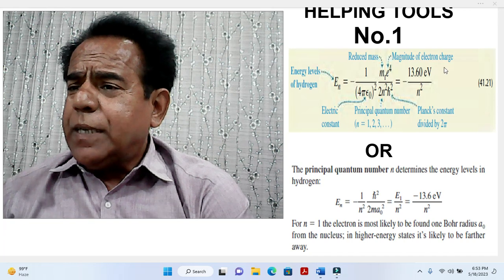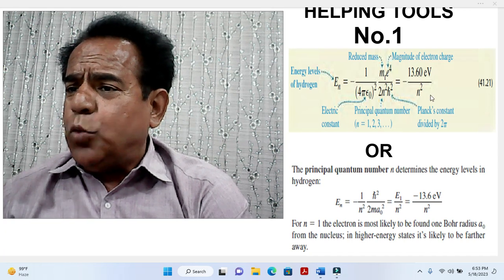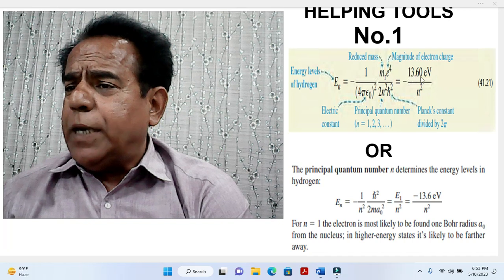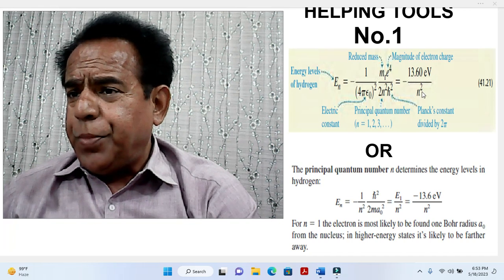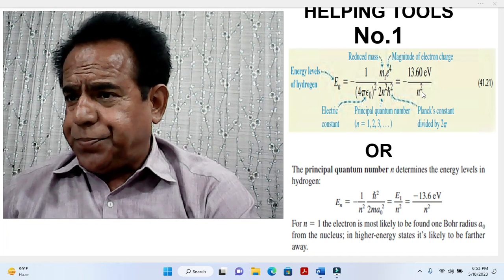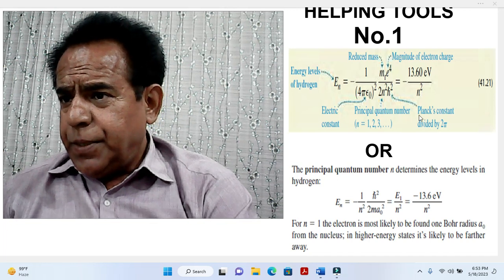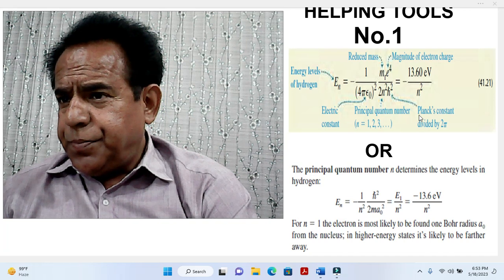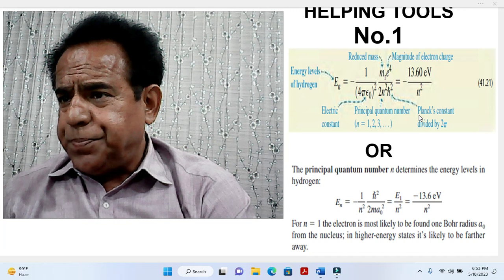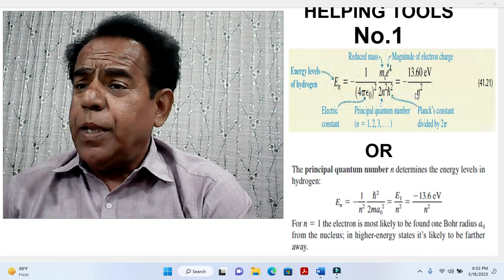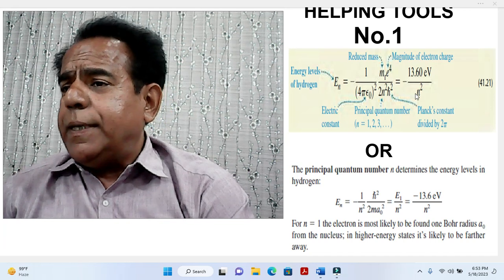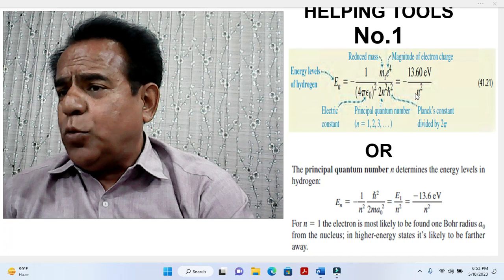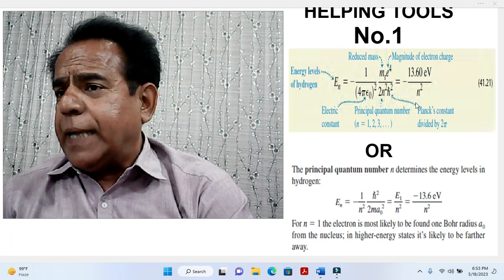We are concerned only with this value, minus 13.60 electron volt over n square, where n is equal to 1, 2, 3. Energy levels of hydrogen, En equal to minus 13.60 electron volt over n square.